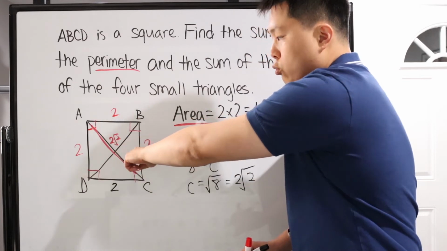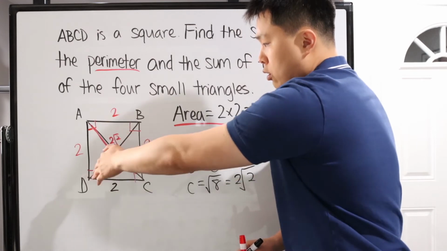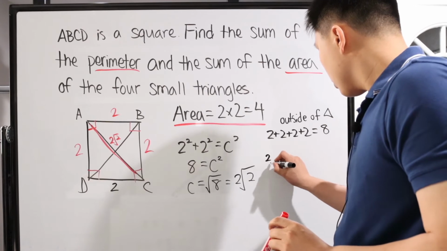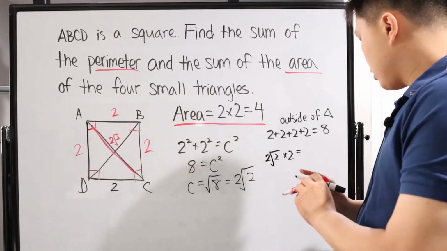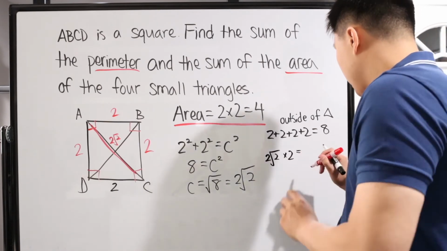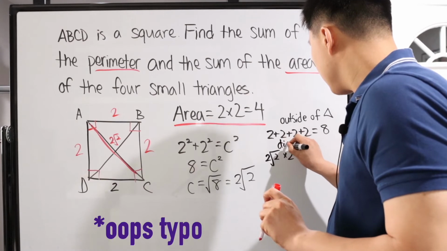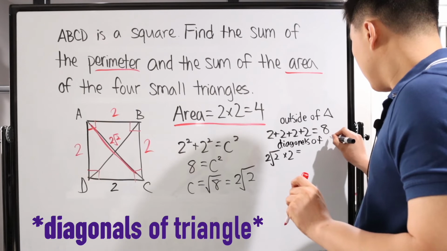So it's going to be 2 square root 2 times 2 just to count one of these diagonals. And we have 2 of them. So it's going to be another 2 square root 2 times 2. 2 square root 2 times 2 equals, I guess you could say, the diagonal of the triangles.